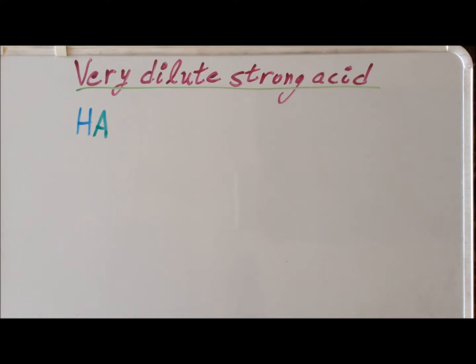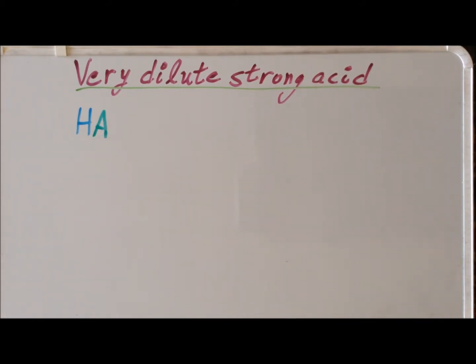Hello. In this video, we are going to derive an expression for the hydrogen ion concentration in an aqueous solution of a very dilute strong acid. Let's suppose that we have some strong acid in aqueous solution, which we will represent generically as HA.